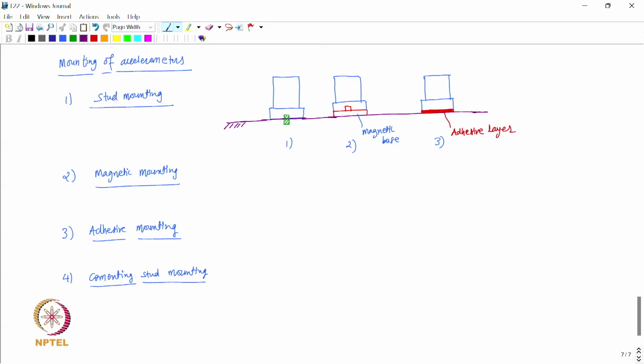In case of cementing stud, the adhesive layer is used to cement a stud on the surface. Like this, we have a cementing stud here, which is glued to the surface, and then the accelerometer can be secured onto the cementing stud like this.